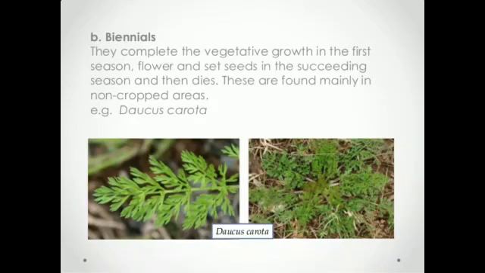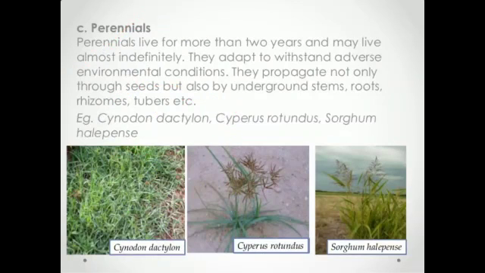Okay. Then biennial weeds. Biennial weeds complete their life cycle in 2 years. In the first year they remain in the vegetative stage, and in the second year they produce flowers, fruits and seeds. The example is Daucus carota. Then perennial weeds.